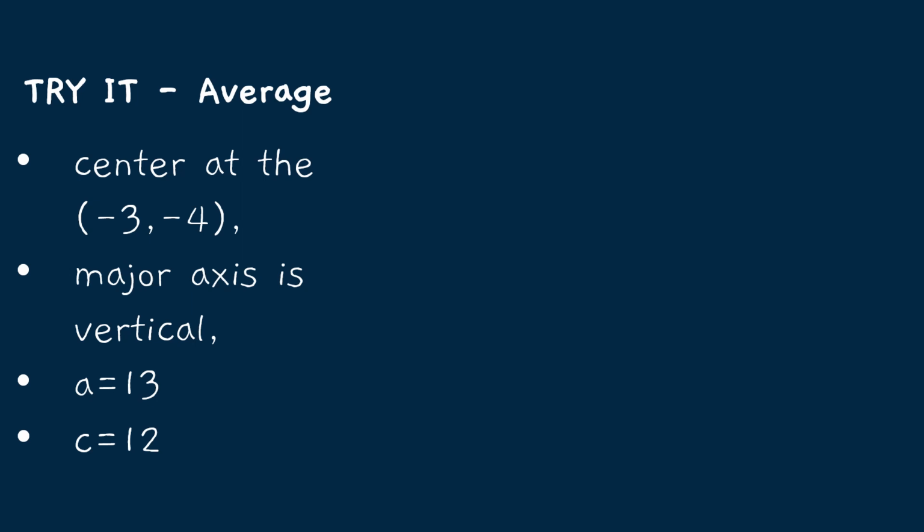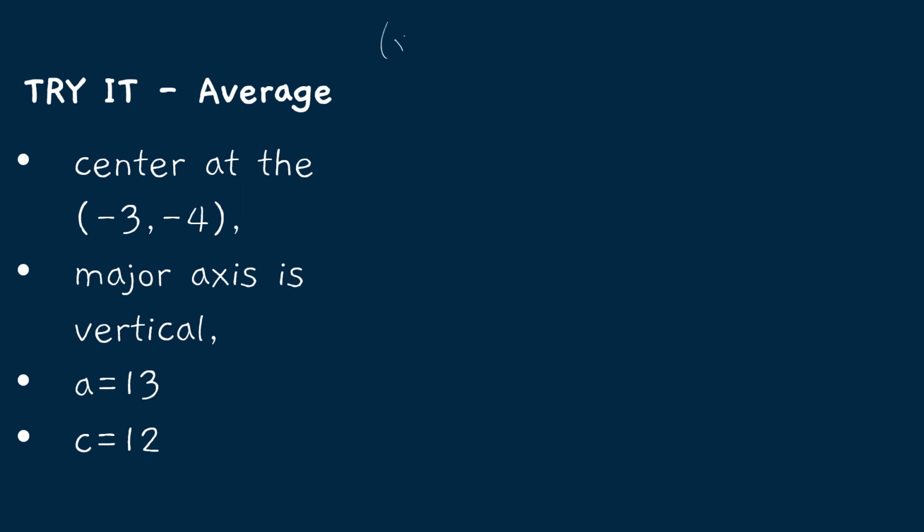So for this one, let us try this given ellipse whose major axis is a vertical one. Again, it is almost the same as example number 3, but this time your center is at (-3, -4). Again, first write your equation.